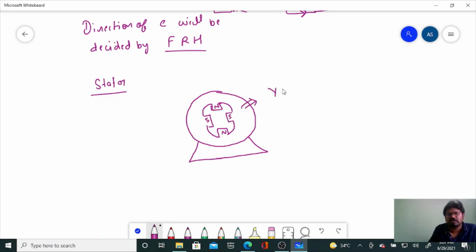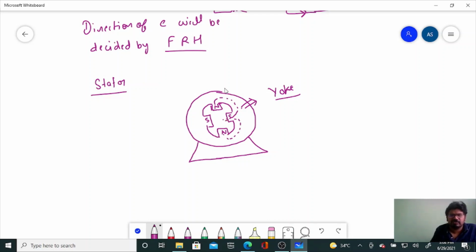This is nothing but your yoke. The yoke is to support the field winding, support the structure, and to provide a path to the operating flux. Means the flux gets a complete path, like this. Here we will provide a DC supply in the pole, and according to the direction of current, the north-south poles will be developed.